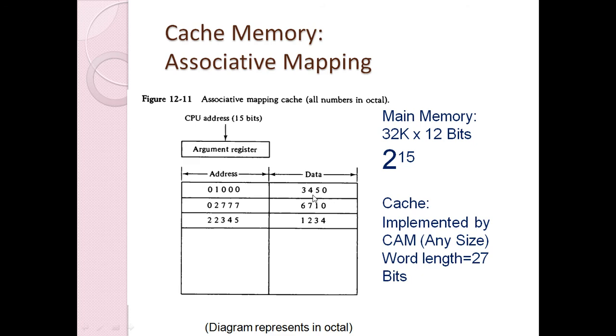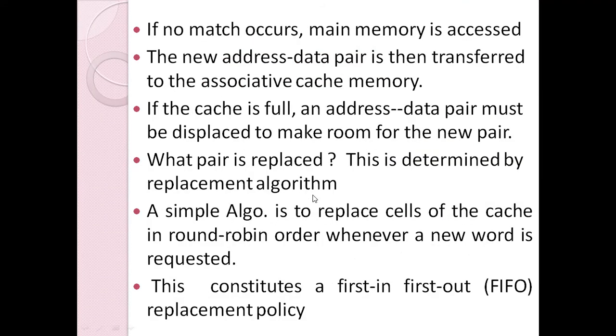If it is matched, you transfer this data to the CPU. Now what happens if there is a mismatch, or data is not found in cache? Then the complete address and data pair will be transferred to the cache memory from main memory. Now, if the cache is full, then what to do? We will displace some earlier stored address data pair. That displacement is done according to some replacement algorithm.